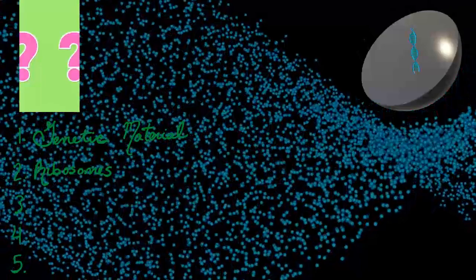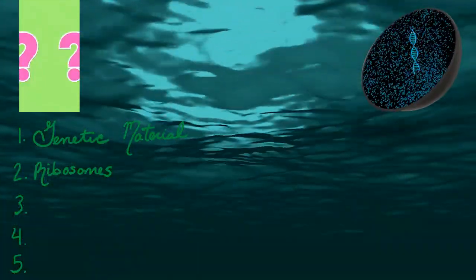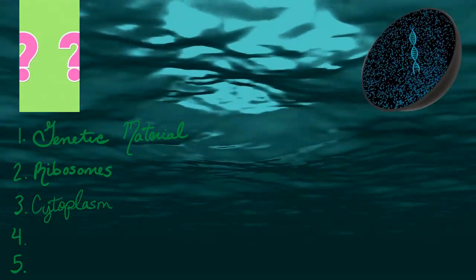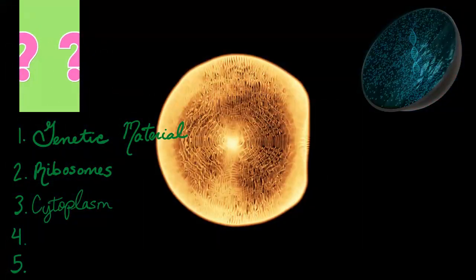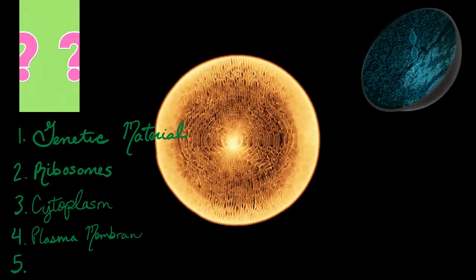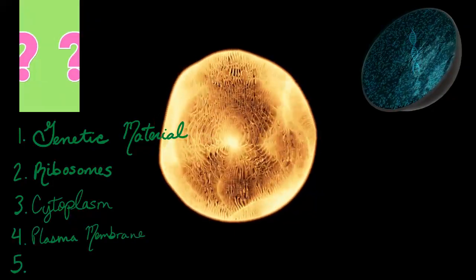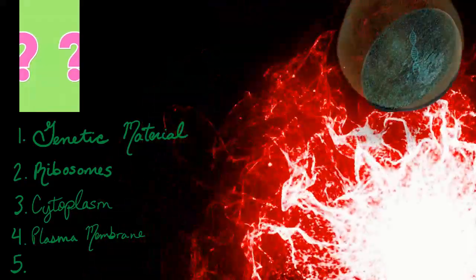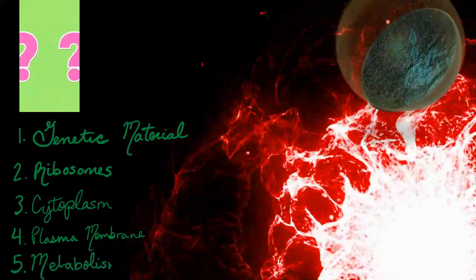Third, a hospitable environment within the cell, which is our cytoplasm. Fourth is a barrier separating the cell from its surroundings, which is our plasma membrane. And fifth, they need a means for making and using energy, also known as metabolism.